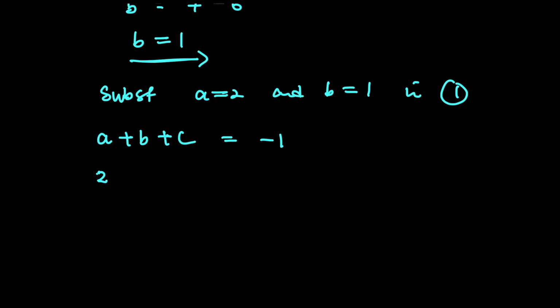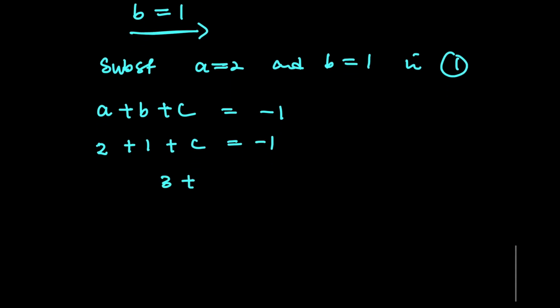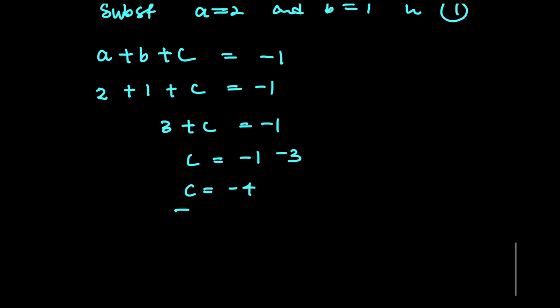Sorry, we're going to solve for c here. So our a is 2 plus our b is 1 plus c is equals to -1. So this is going to be 3 plus c is equals to -1. So c is equals to -1 minus 3. c is equals to -4, right?